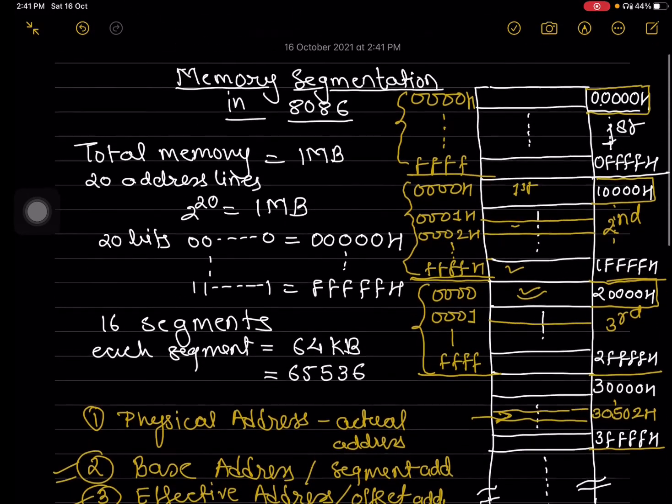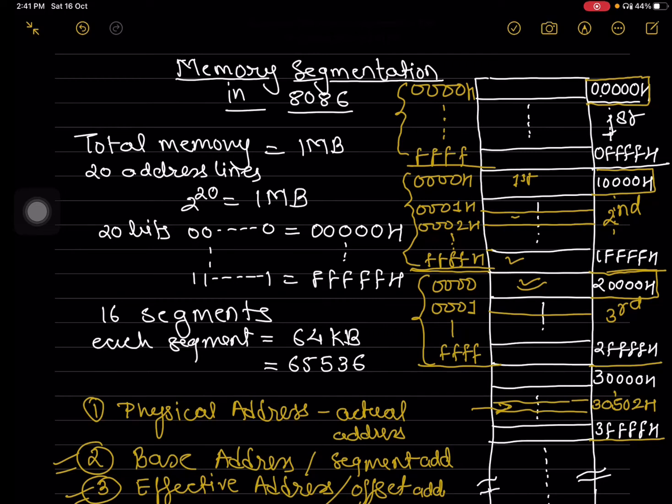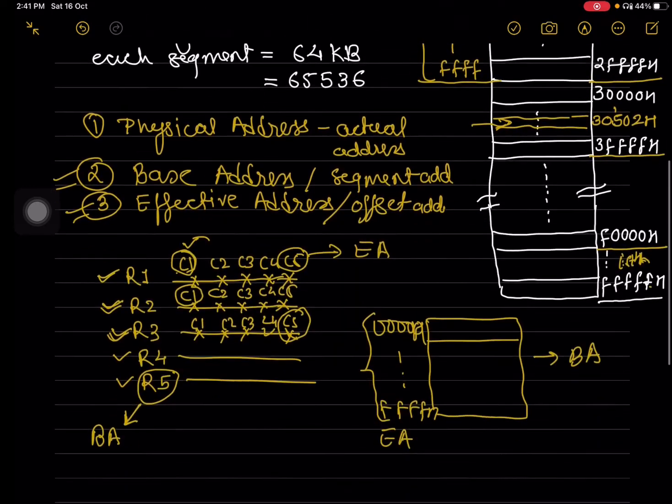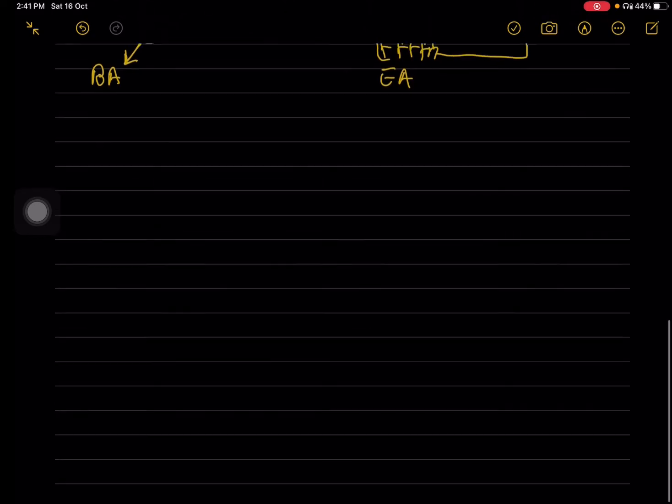Now again, talking about memory segmentation, out of the total 16 memory segments that are available in this particular memory, at one time the user can make use of 4 memory segments.